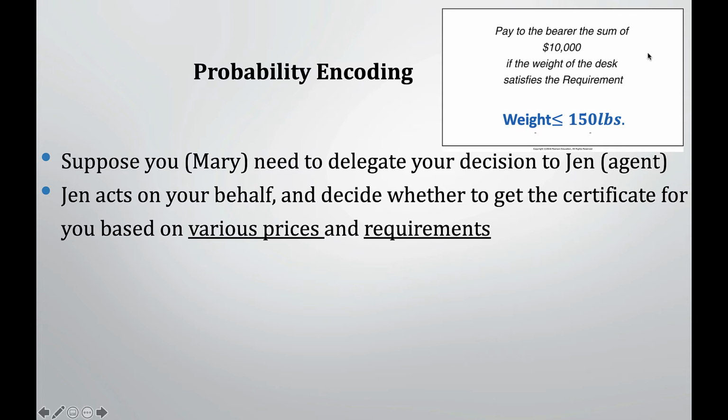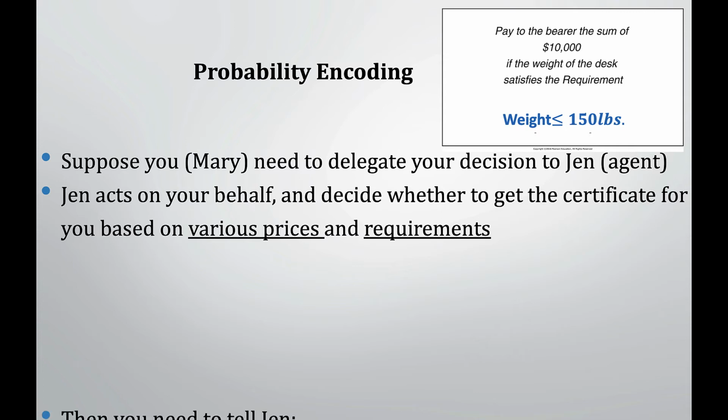But the tricky thing is the teacher or the auctioneer might provide different prices and even provide different requirements to win the $10,000. So you have a series of certificates that the auctioneer might be offering to you, and for some reason you cannot be there to make the decision yourself, and you need to delegate your decision to another person. Okay. So in that case, before you leave, think about the things that you want to tell Jen in order for Jen to make the best decision for you.